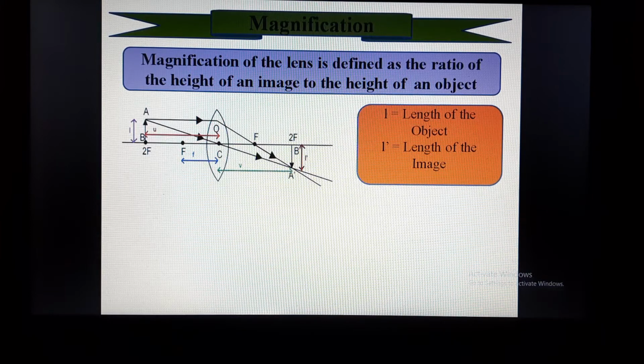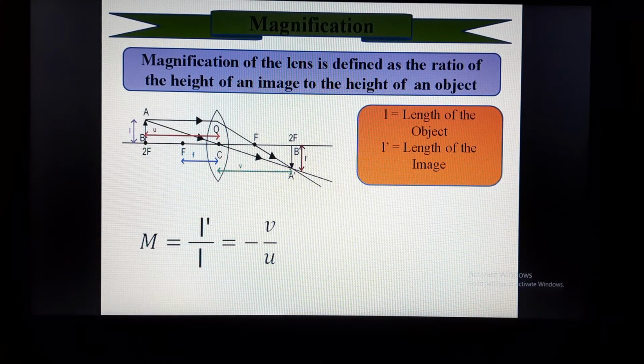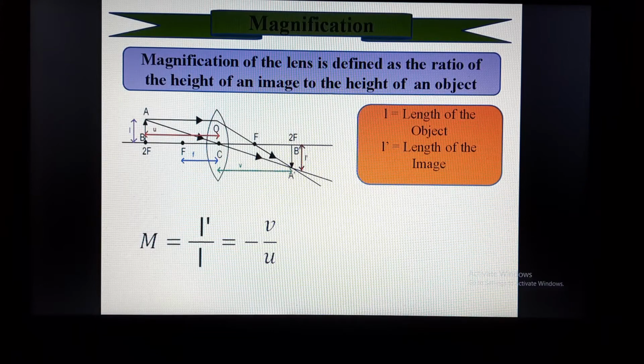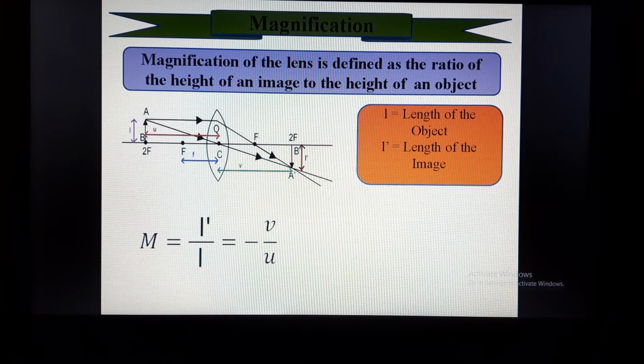Okay, so we can write the equation of magnification as M. Here magnification is denoted by capital M or small m.